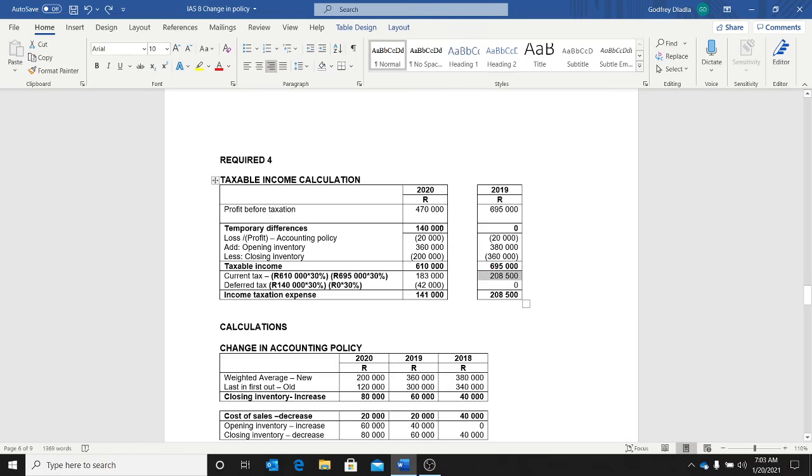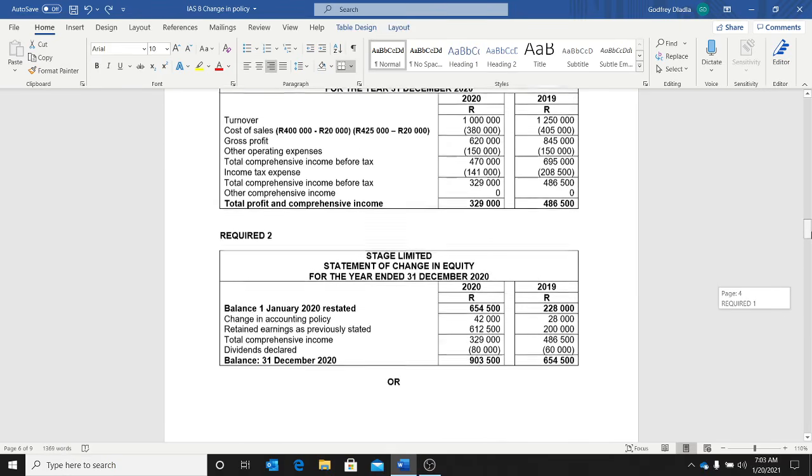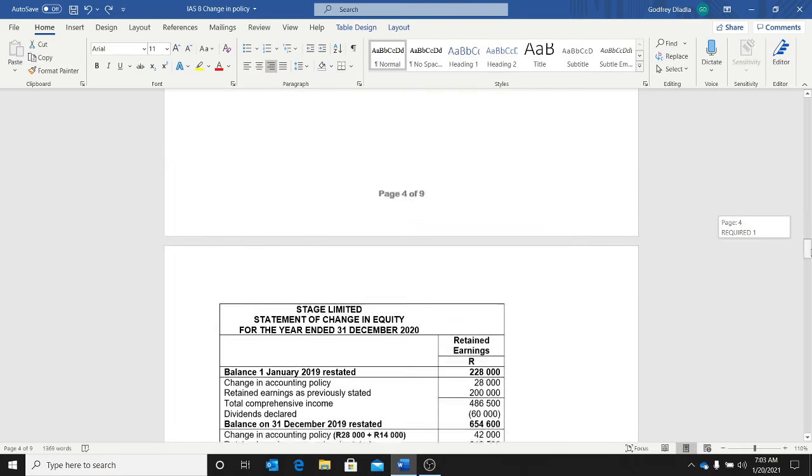And then the deferred tax, if 140 is positive, it means it is deductible. So if you multiply it by 30%, it gives you 42. So the total of the two is 141 here. The total of this one is 208. You'll see it agrees to this. It agrees to that.